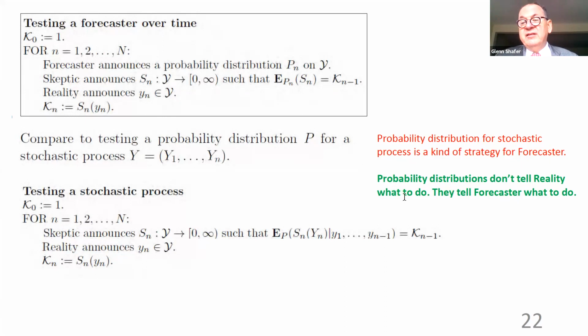But game-theoretic probability says, think about it in a different way. Probability distributions aren't telling nature or reality what to do. They're telling forecaster what to do. They're a strategy for forecaster. Then the question is whether forecaster's forecasts are consistent with what reality is doing. So it's a slightly different way of looking at what we're doing.